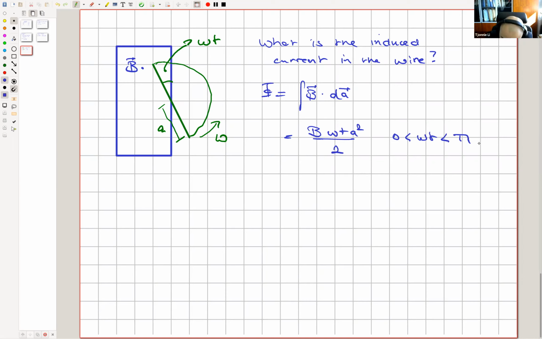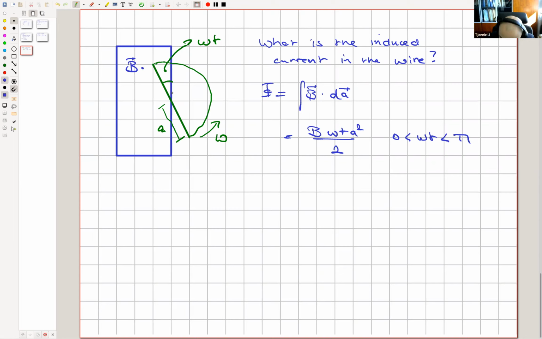We assume that when omega t is 0, the ring is completely outside of this field. You can see that when omega t equals pi, it has entirely flipped, and so the entire surface is within the magnetic field.